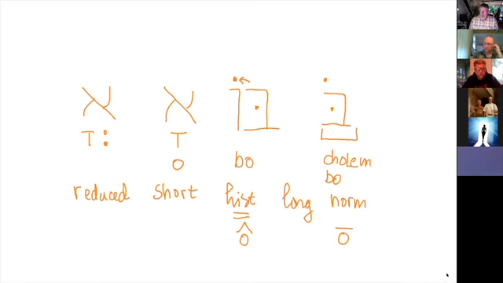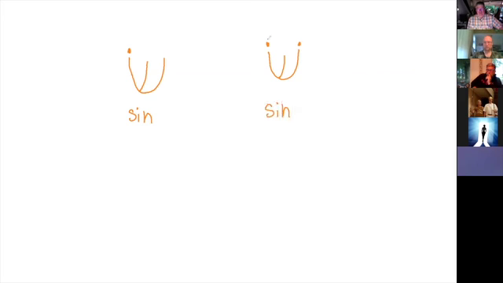Now there is a problem with one consonant, this one. This is the sin. So what do you do when you have this symbol? Is it a sin because of the dot on the left side, or is it a shin plus an O?